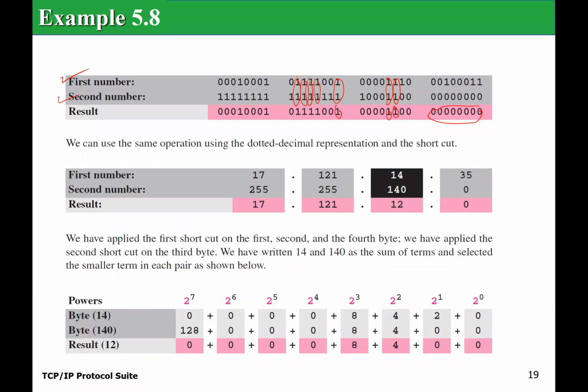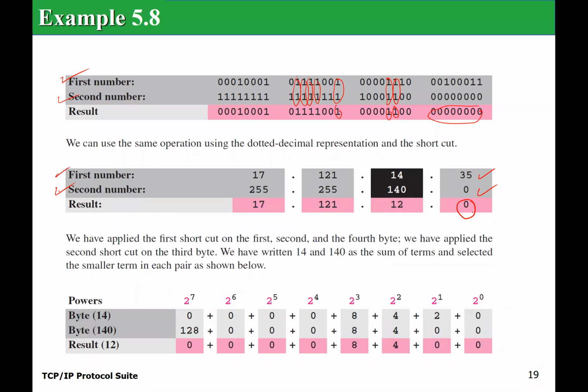Binary is easy because we only have 0s and 1s. Now let's talk about decimal. I give you two numbers. I know the answer is 0, but can you tell me why? When you AND a number with 0, the result will be 0.